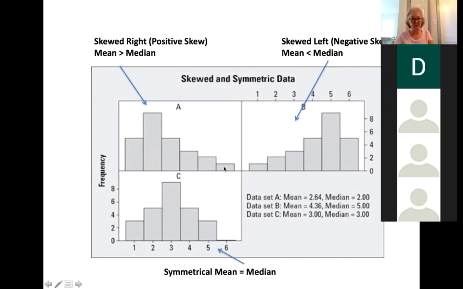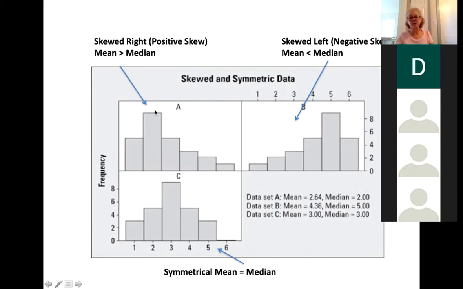No. The right side would have more stuff. It would have more bars, so to speak, more bends. We call this skewed, and we call it skewed to the right. The right-hand side has more data.